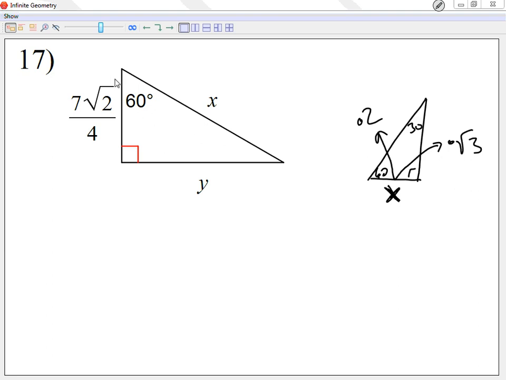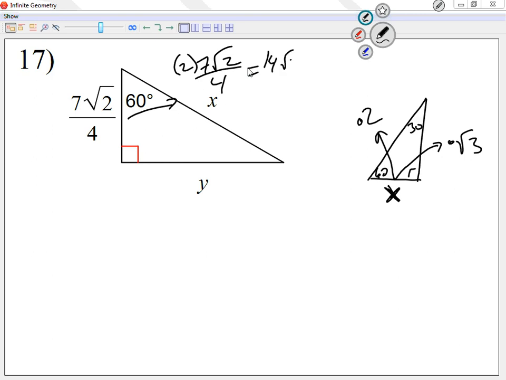So looking at question 17, I have the small side. So to get to the hypotenuse, I have to multiply by 2. So I have 7 radical 2 over 4 times 2. That is 14 radical 2 over 4, better known as 7 radical 2 over 2.